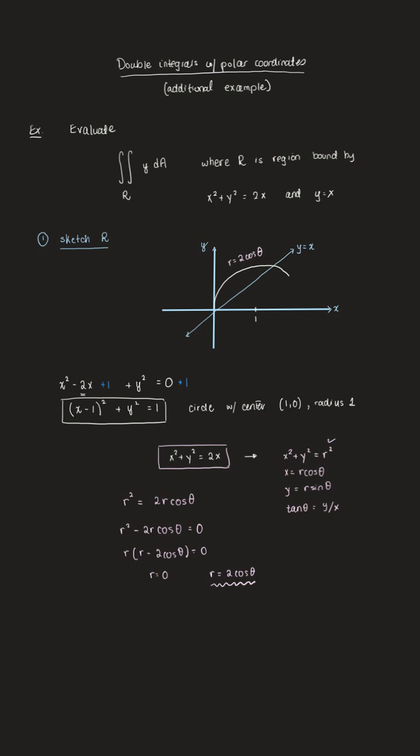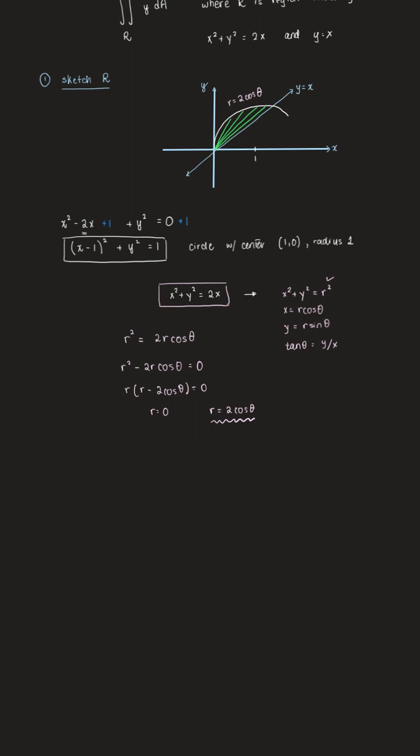So I'm going to start at the origin and go all the way out to the function. And when I do this, I'm always between two functions of theta. The first one is 0, and the second one is the circle, r equals 2 cosine theta. So those are the bounds for r.